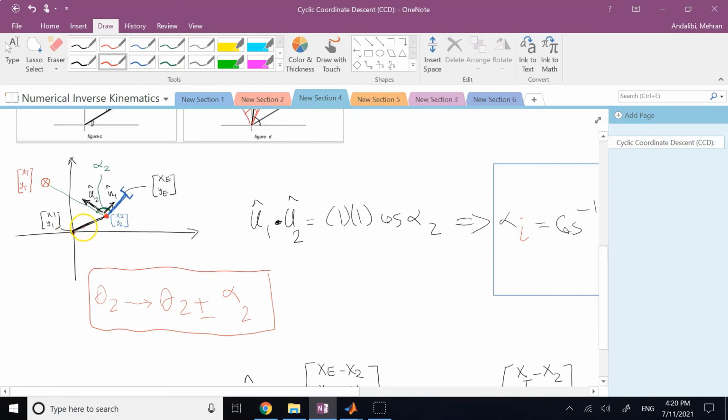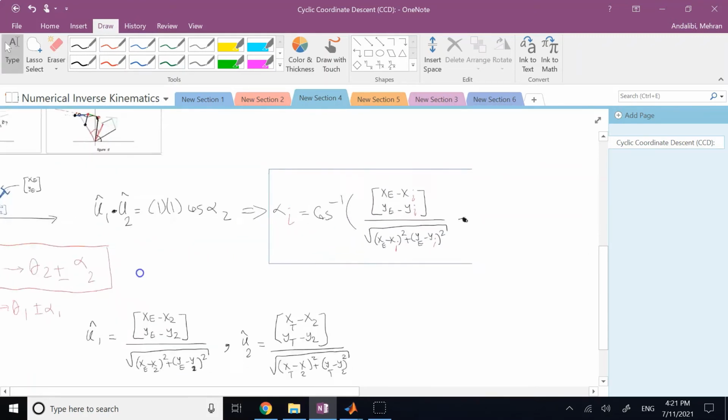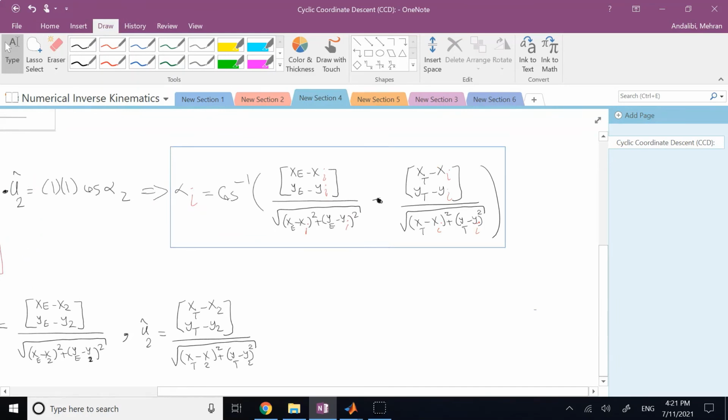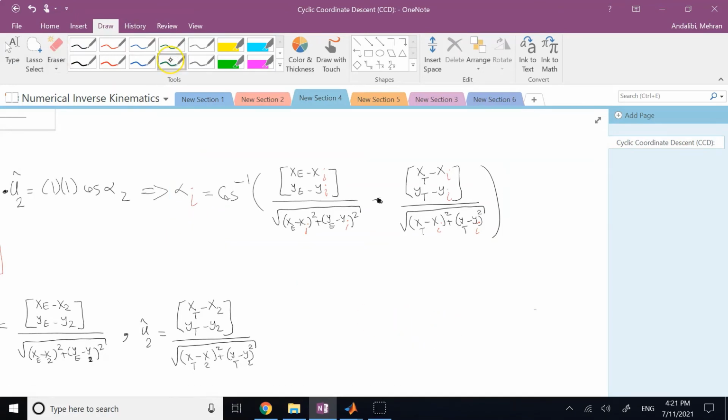But what about when you change the angle of joint 1, theta 1? When you make theta 1 into theta 1 plus or minus alpha 1, you clearly see that the location of joint 2 and the end effector would change, okay? So that's something you have to keep in mind. Let me write it down for you. As I said, I want you to have a complete algorithm.